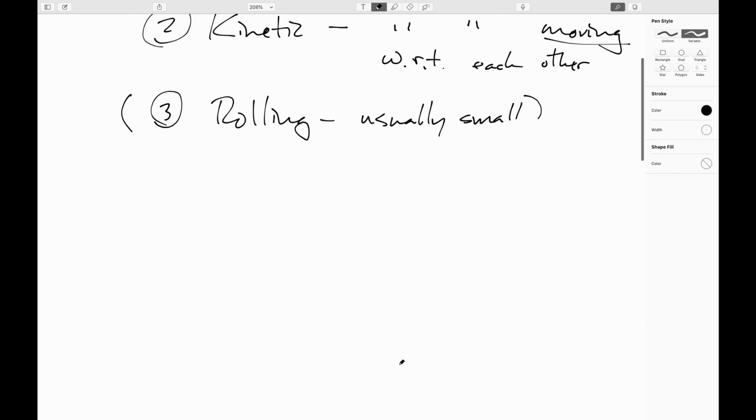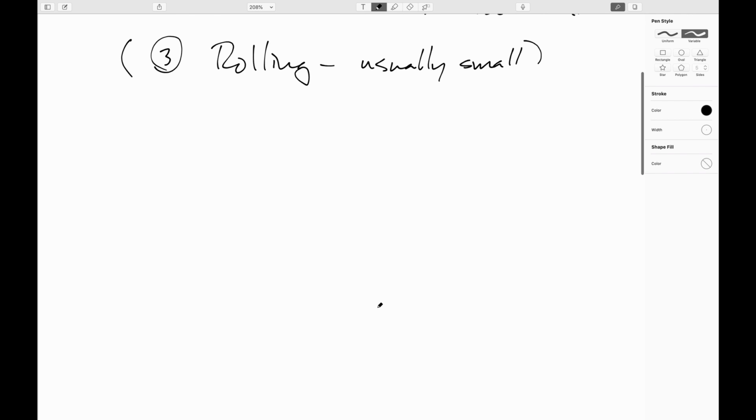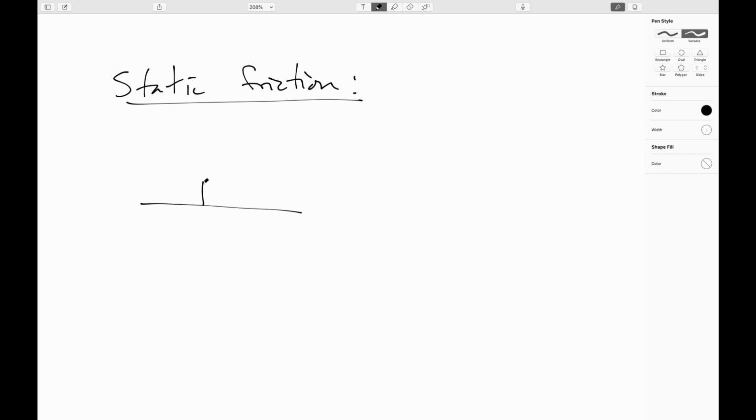All right, so let's take a look at static friction. In static friction, the object is stationary with respect to the surface. So for instance, let's just say you just plain have a crate that's just sitting on the ground, and that's it. What would the force of static friction be?